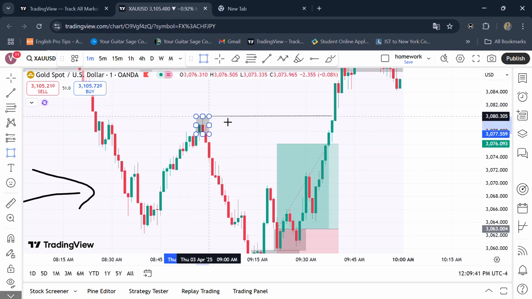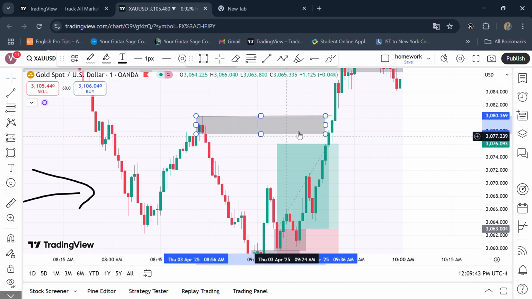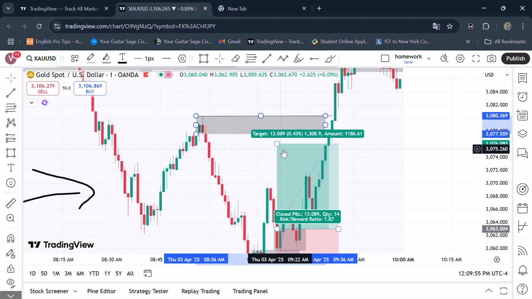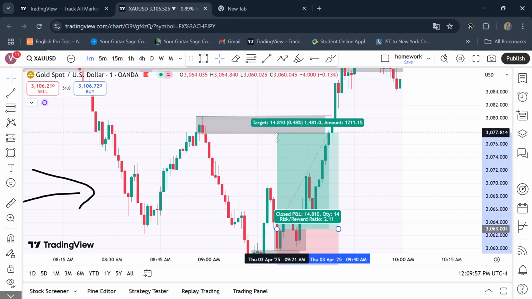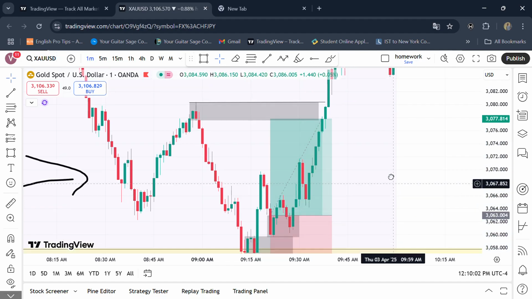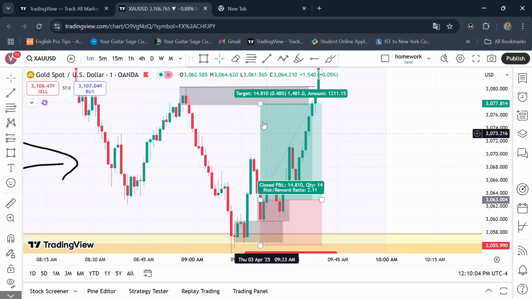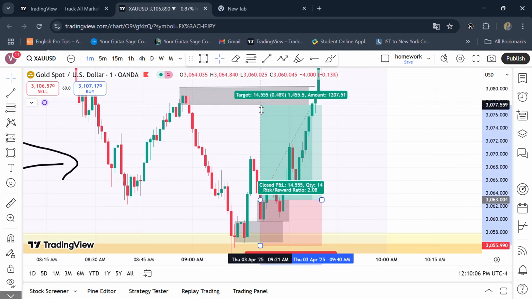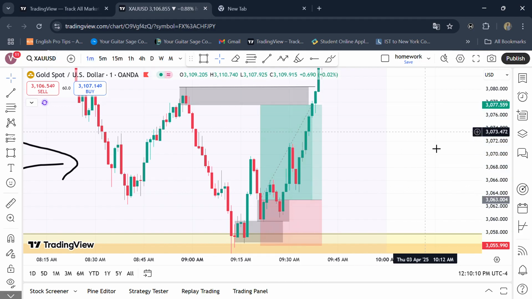There was also a threat of this order block pushing it down, so it depends on you how much profit you're willing to take. For me, this much was enough, since I was trying to retain my profits. It was anyway giving me 1:2, so I booked my profits here.